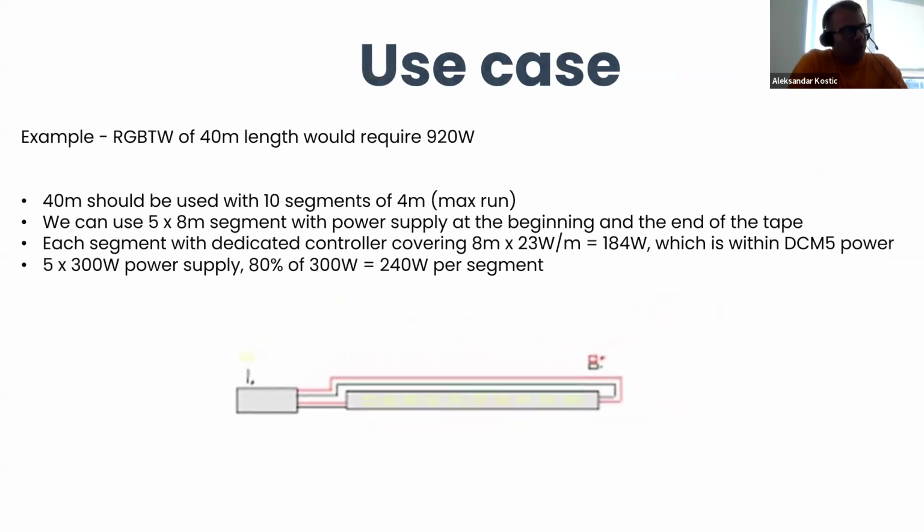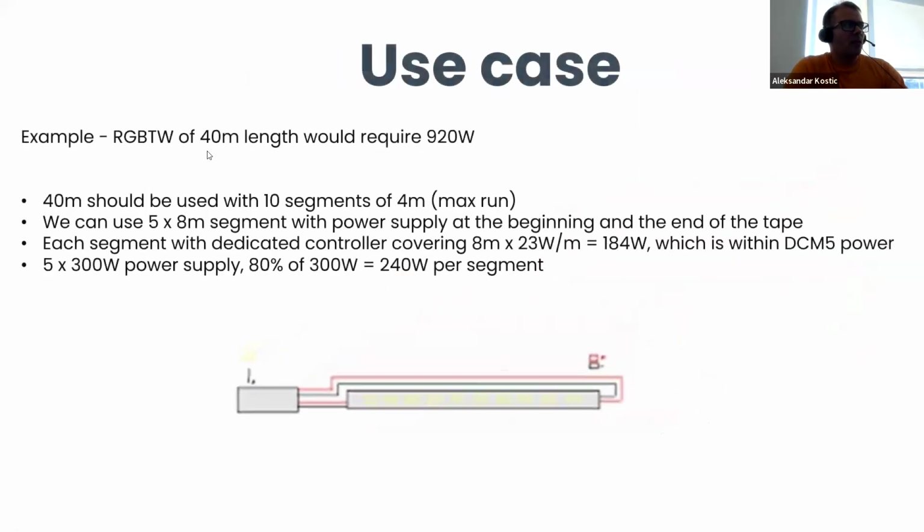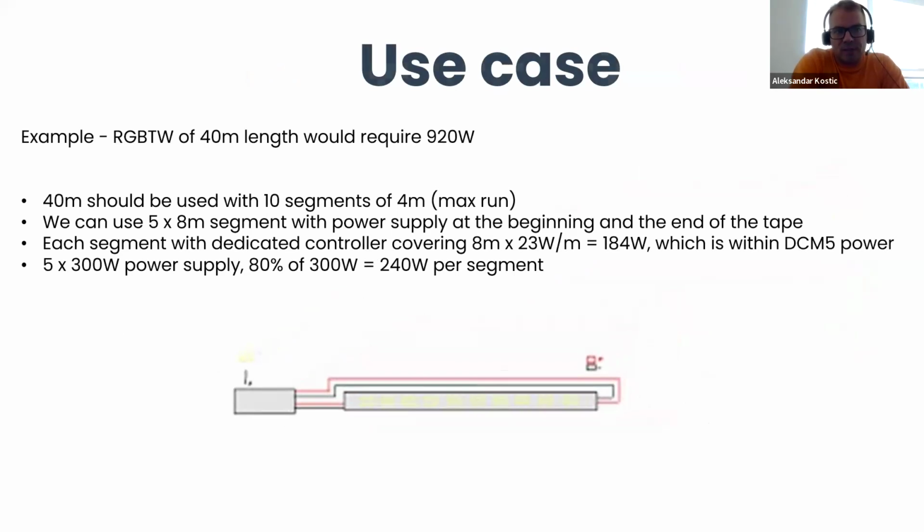If you remember from the previous slide, the power consumption of this LED tape is 23 watts per meter. So for 40 meters, just the LED tape would require 920 watts.